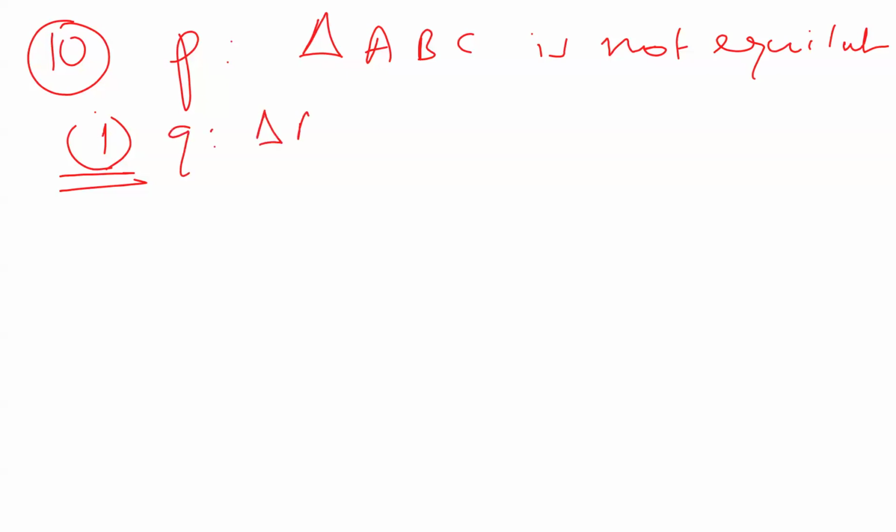So P, you're going to write: triangle ABC is not equilateral. Q: triangle ABC is not equiangular.